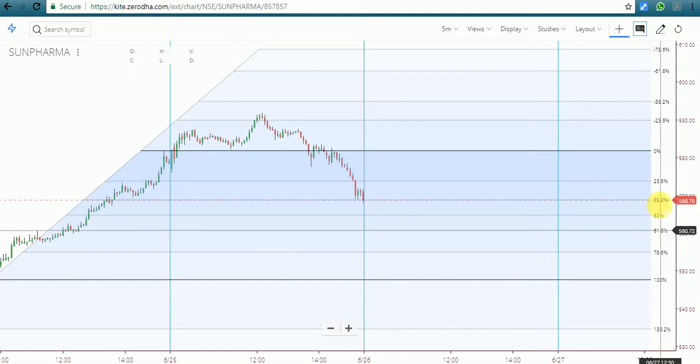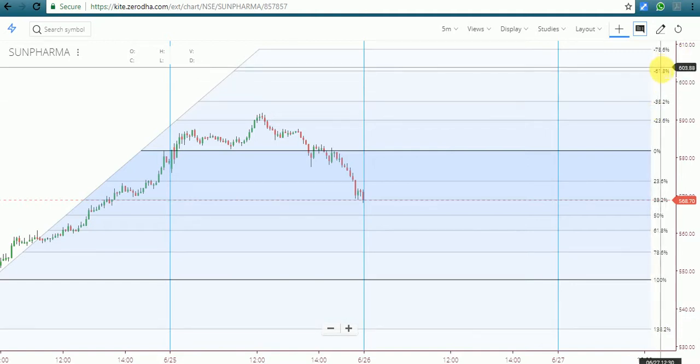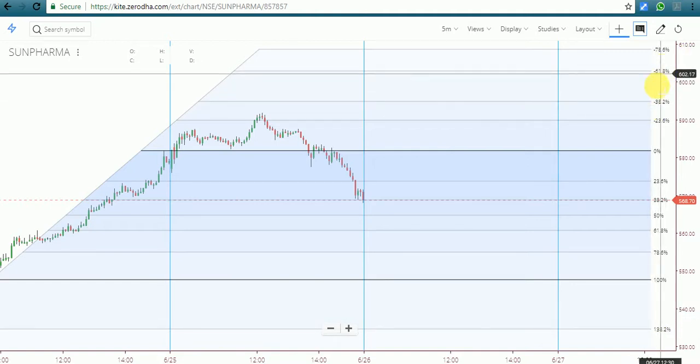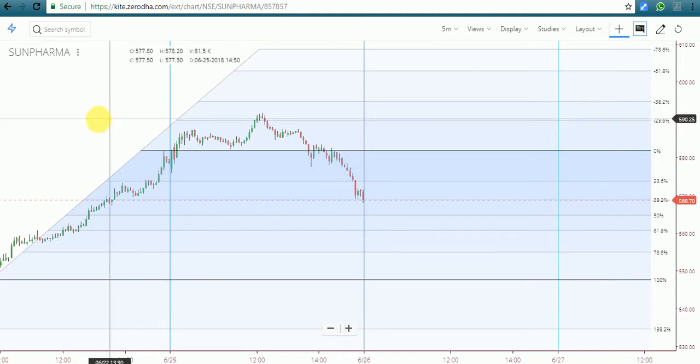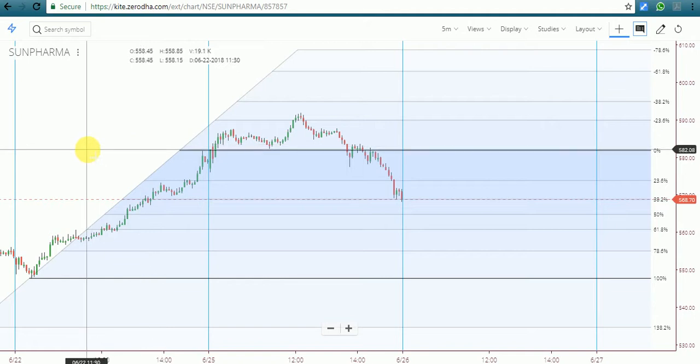I respect 38.2, 61.8, then I respect 138 levels, and again minus 32 and 61. I respect these levels only, not all the levels. So here it gave a correction, so it's basic.